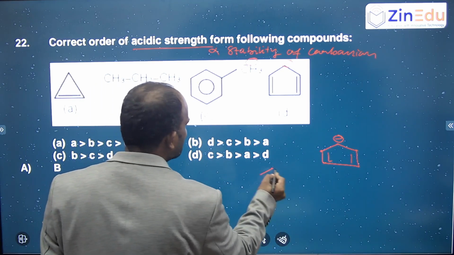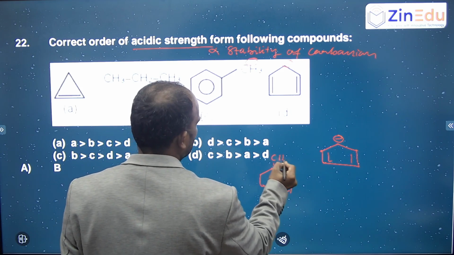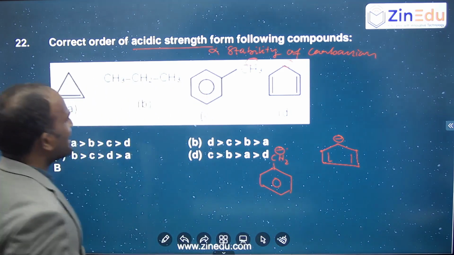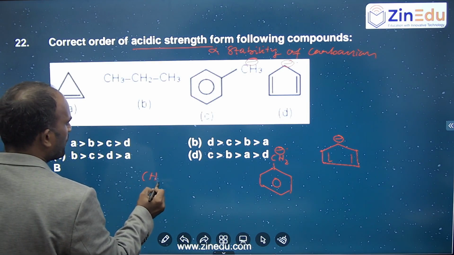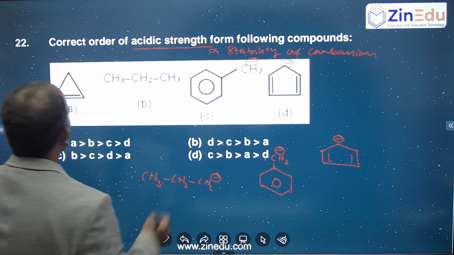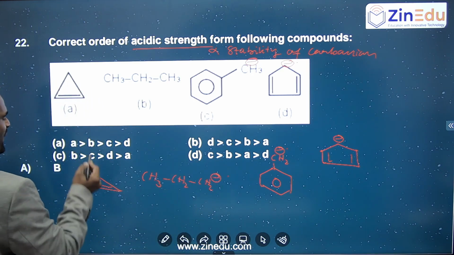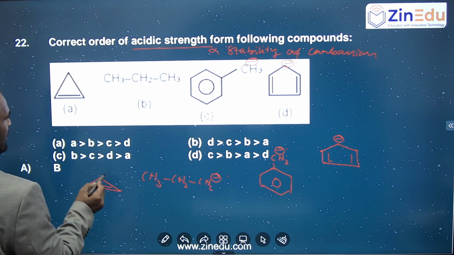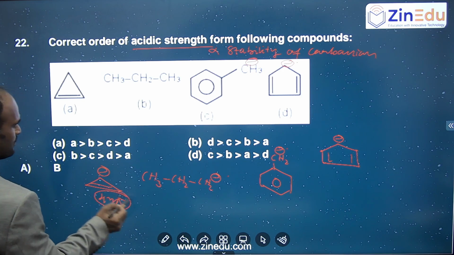Then after benzyl carbanion, we have just the normal propyl carbanion, n-propyl carbanion. And after that we have this anti-aromatic compound, because 4n pi electrons are there.